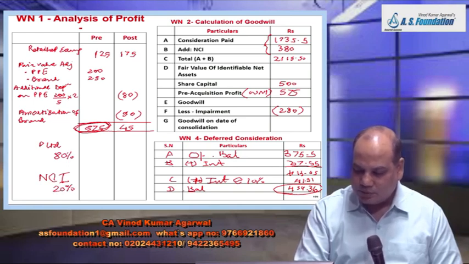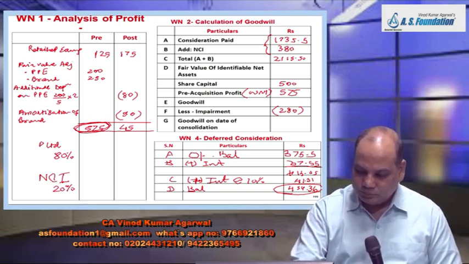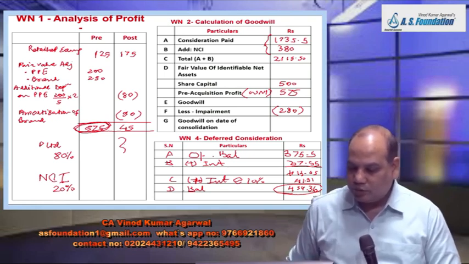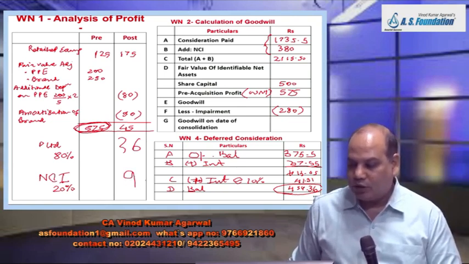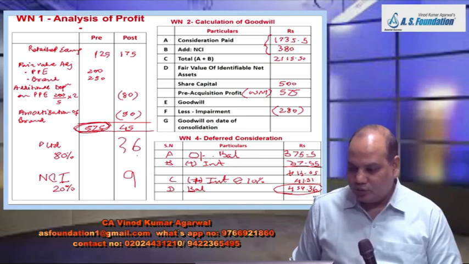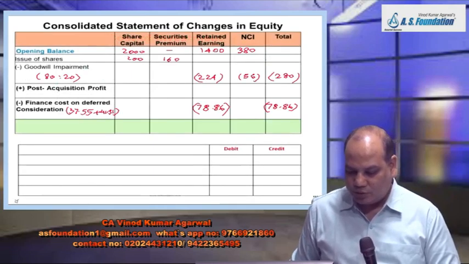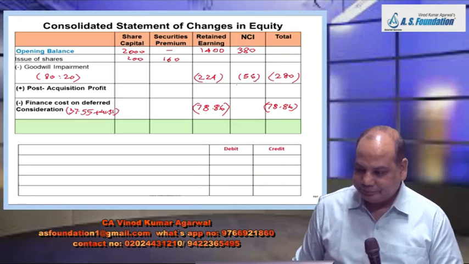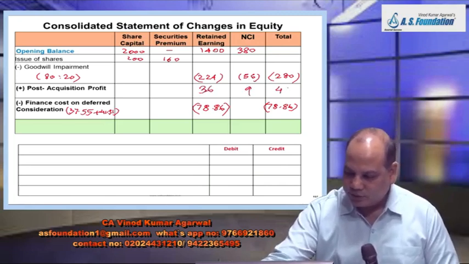NCI 20%. 80% of 45 is 36, and 20% of 45 is 9. 36 and 9, write in SOCIE, post acquisition profit. 36, 9, 45.